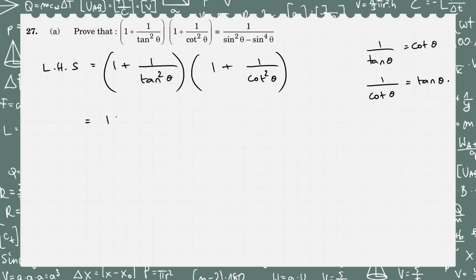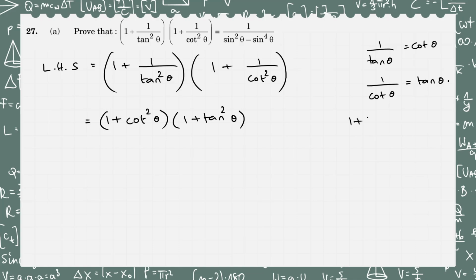So this will be 1 plus 1 by tan theta's whole square, that can be written like cot square theta. And the second value will also be 1 plus tan square theta. Okay. Now we have two identities that we are going to use here.